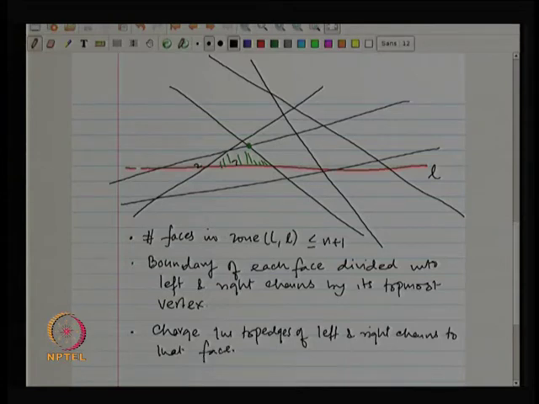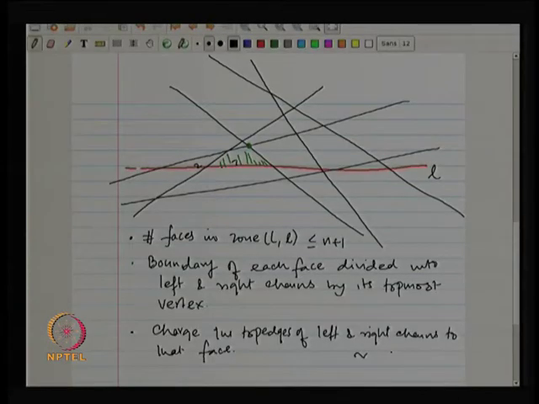So, what you are doing is for each face you are charging two of its edges to that face, and I know there are only n plus 1 such faces. So, this is a total of, ignore 1 for now because I do not want to be picky, roughly 2n edges.